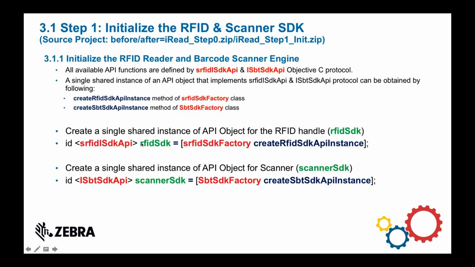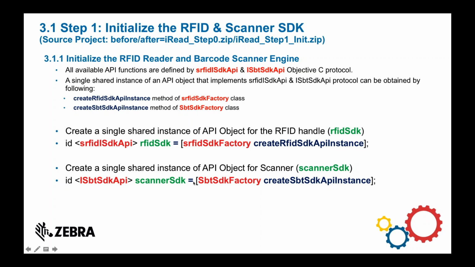So now I use the RFID SDK, and we'll create a unique RFID handle ID. The API we use is a factory function, and we use its method to create this unique RFID handle ID. You can do the same thing to create a scanner handle ID as well.